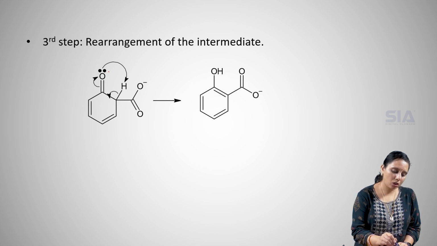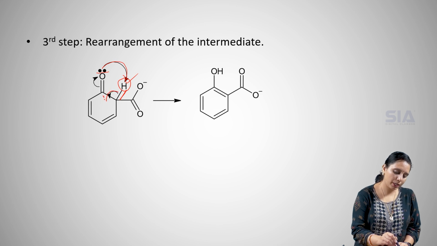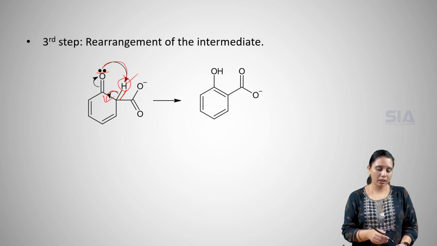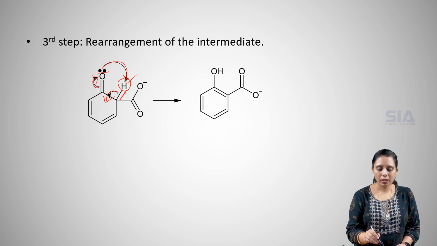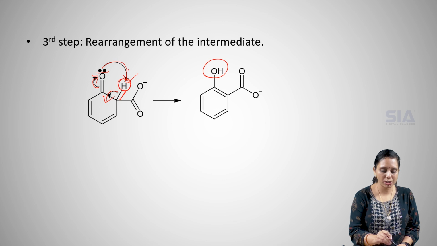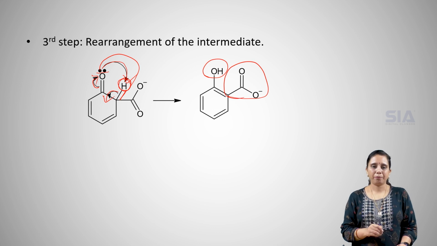The lone pair present on this oxygen is shifted onto the hydrogen, and as it gets more electrons, the bond between this carbon and hydrogen is shifted to regenerate the resonance of the benzene ring, and this double bond again goes to the oxygen atom. That is how we get the OH here. So the proton has been shifted from here to here, and we get a carboxylate group added here.